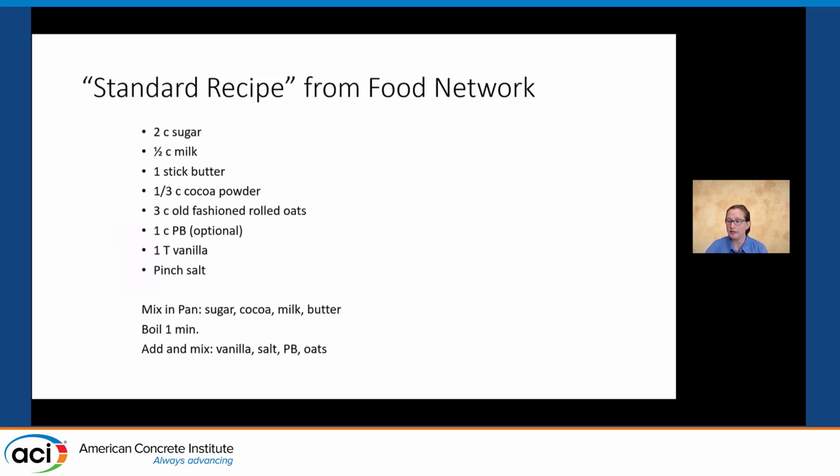I really give the students during this class time an activity. I had talked about particle size distribution and how it affects the mixture properties. We then move into this idea of how do you do no-bake cookies, and here's maybe a standard recipe.